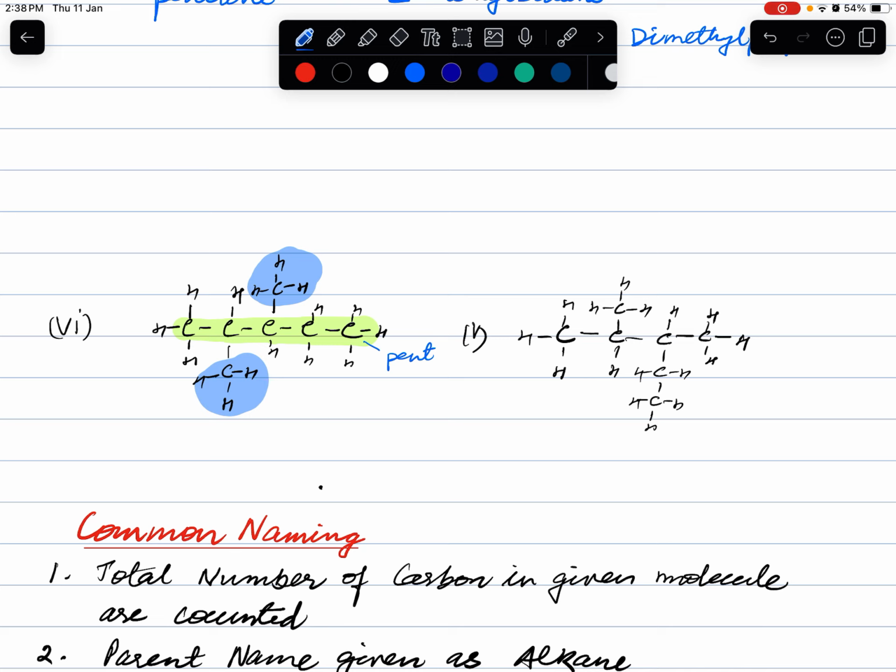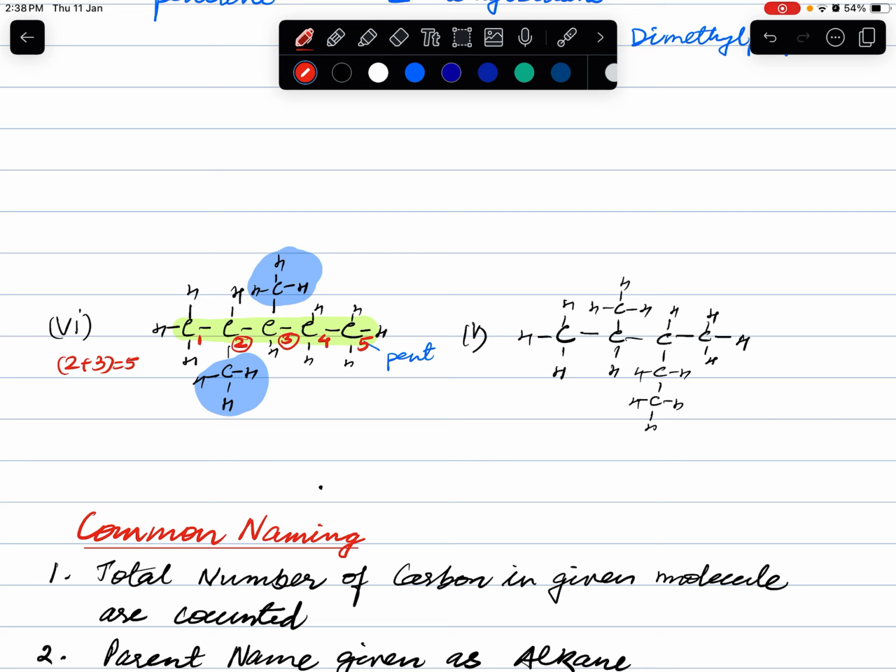Now branches are 2, so we'll write dimethyl. Now we will number the chain. See, I am numbering from left hand side. So first carbon, second carbon, third carbon, fourth carbon, and fifth carbon. Fine. So your branch is on second carbon and third carbon, and 2 plus 3 will be 5.